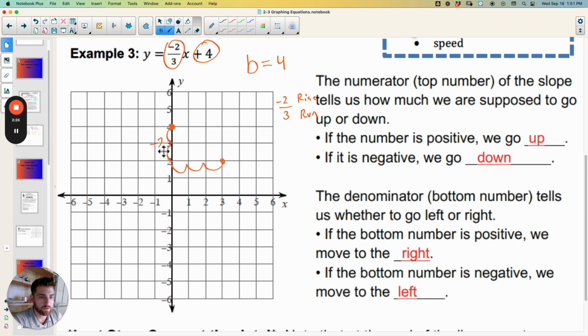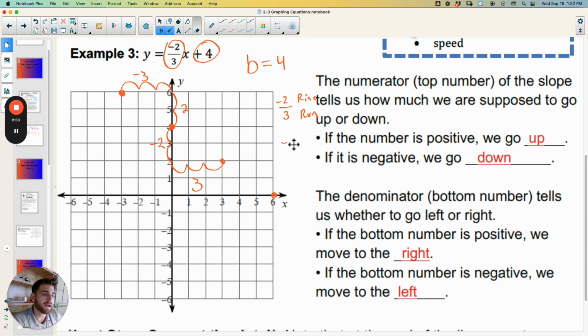So I went down 2 and I went right 3. And I can do that again. Down 2, right 3. Or I could start from here again, and I could go up 2 and left 3. Up 2 is a positive 2, and left 3 is a negative 3.